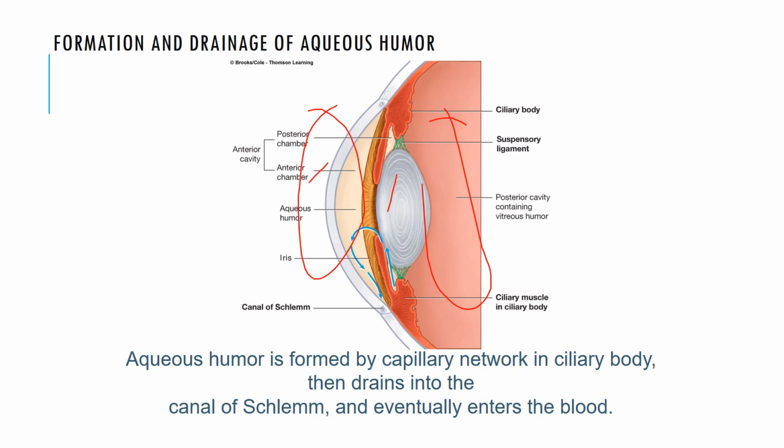And so when we have inadequate drainage, this will cause excess pressure on that cavity, and that may lead to glaucoma due to an increased pressure then on the vitreous humor. The interior consists of this vitreous humor that is responsible for maintaining the spherical shape of the eye.